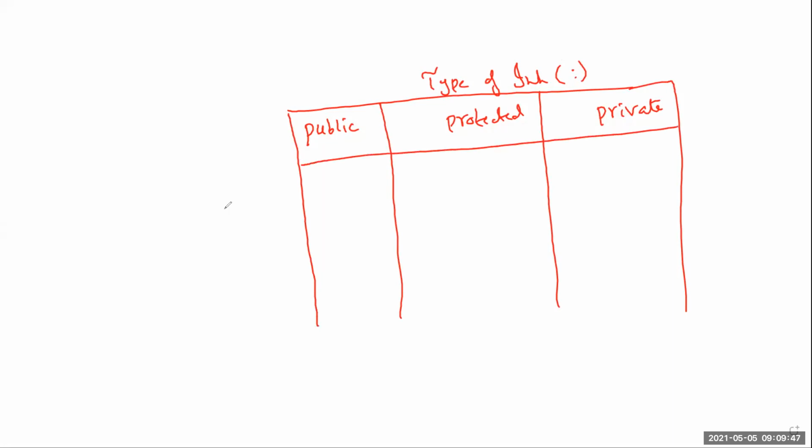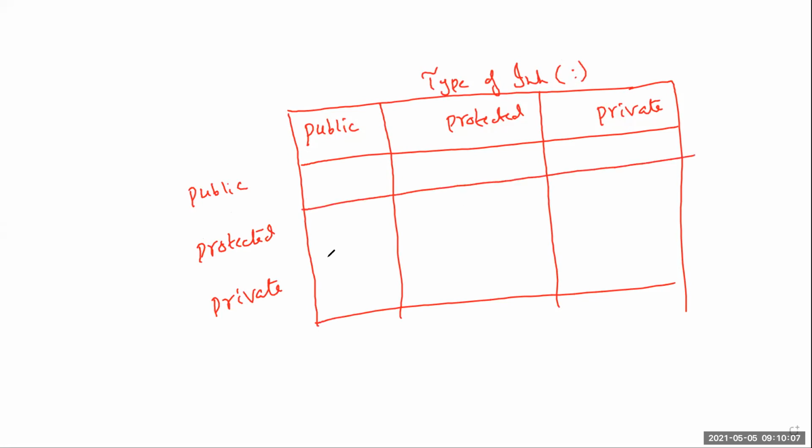Similarly, in the parent class, you can write public. Something can be public in the parent class, something can be protected, and something can be private. So you see, there can be these 9 different combinations. Now let's discuss these one by one.